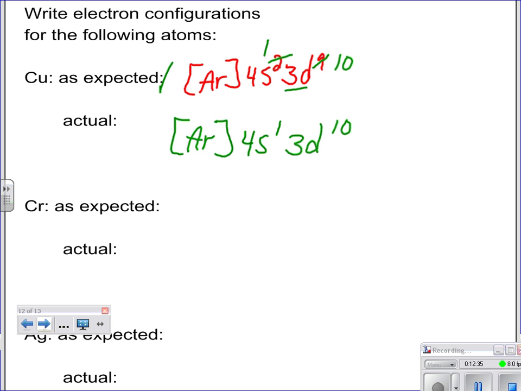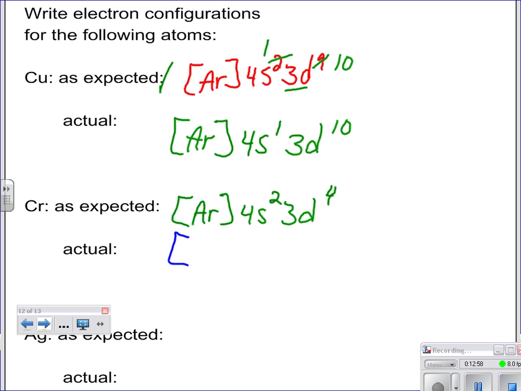So chromium, let's go to chromium real quick. For chromium, it's in the same period as copper, so it's going to be argon 4s2, but 3d4 in this case. That's what we would expect. That's not the actual, because that's really not all that stable. So what should we do?